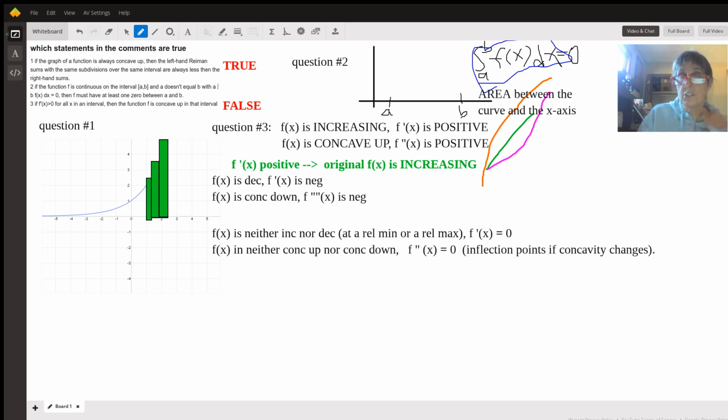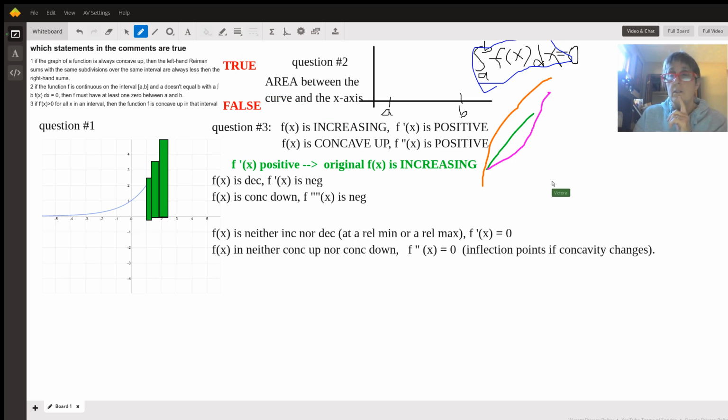That is the physical representation of an integral, that it is the area between the curve, which is our f of x, and the x-axis. That's what integration represents.